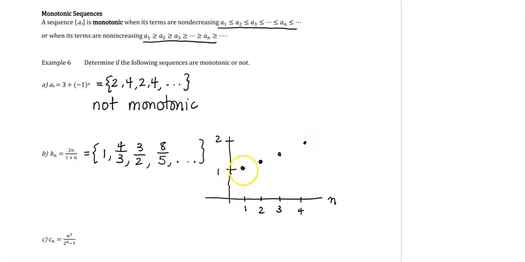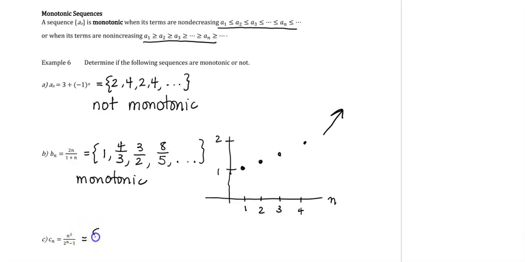So the sequence is increasing. We can see the values of this sequence are going higher and higher. This is a monotonic sequence because it is increasing. The values are getting bigger. They're not going up and then down and then up and then down. They're always going up. That's what it means for a sequence to be monotonic. Or they're always going down.